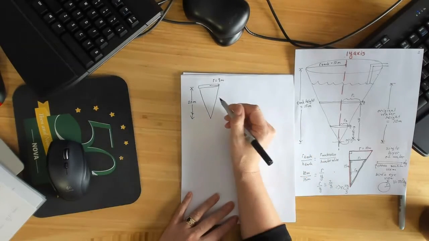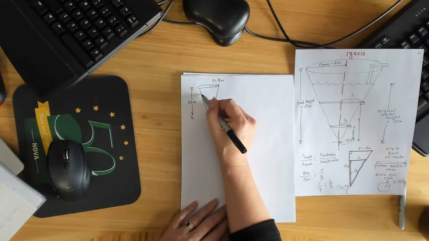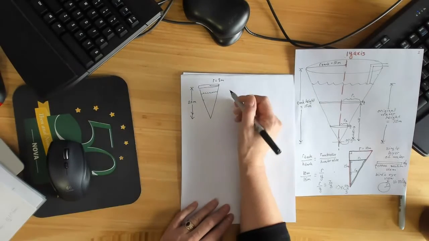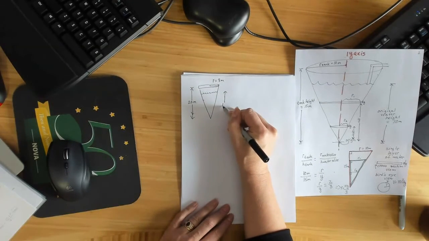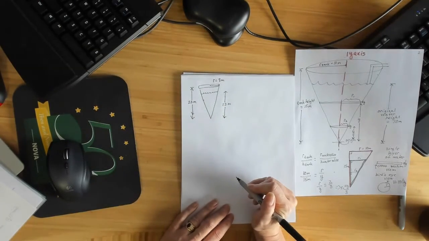And let's suppose that I don't want to lift all the water out of the tank. Let's suppose I only want to lift some of the water out of the tank. So let's suppose that our original level of the water is at, let's make it 12 meters. So the original depth of the water is 12 meters.